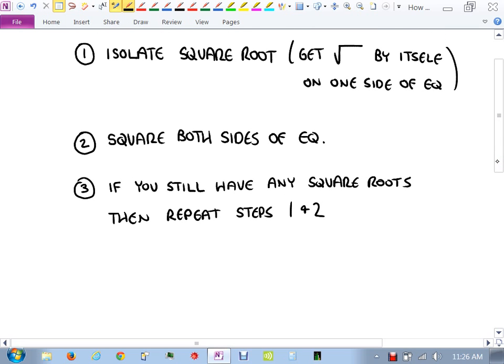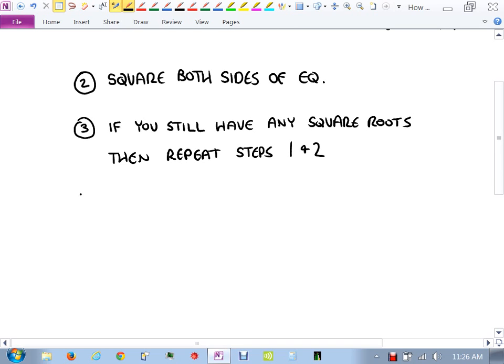The hardest problem we're going to do today will be where we have to do step 3 here, where we go ahead and isolate the root, then we square both sides, and after we do that, we look at the problem and say, we still have a square root, and we have to repeat the process. That'll be the last type of problem that we do. And then step 4, we will solve the remaining equation. And then step 5, check your answers.